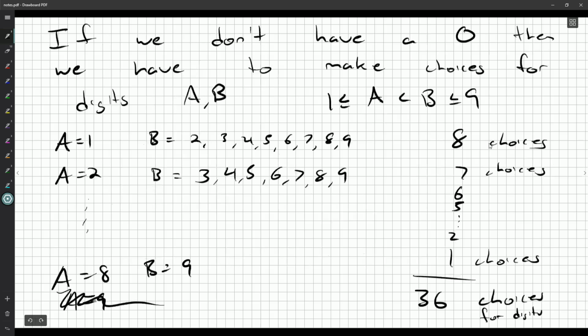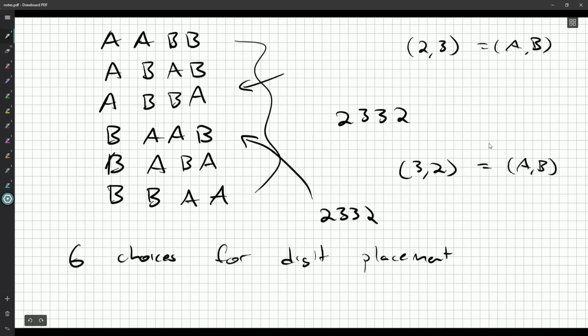Okay? You could say instead there are 72 choices for the pair AB, if you aren't going to order and necessarily say that one of them is smaller, but then you're only going to have 3 choices of pattern. Okay? So you would still get the same product.